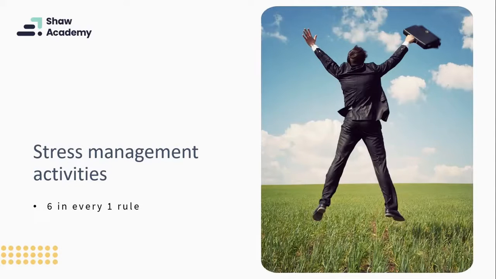Finally, our last stress management activity is the 6 to 1 rule. Think back to the last time you gave an employee critical feedback. Now, think back to the last time you gave them some praise. Most likely, the negatives stand out more than the positives, and they also do for your employees. A little negative feedback can go a long way and have more lasting effects than a usual job well done.